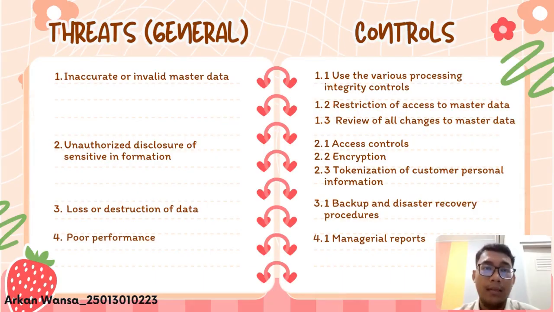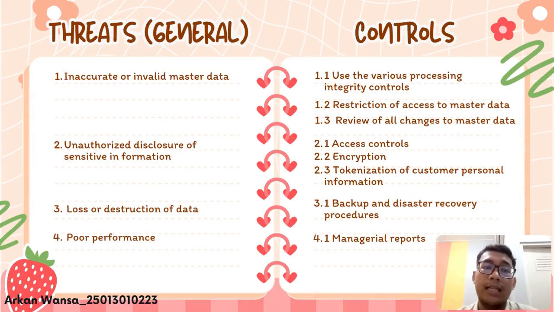On the third slide, we have the general threats and how to control them. The previous flowchart shows that all revenue cycle activities depend on the integrated database that contains information about customers, inventory, and pricing.